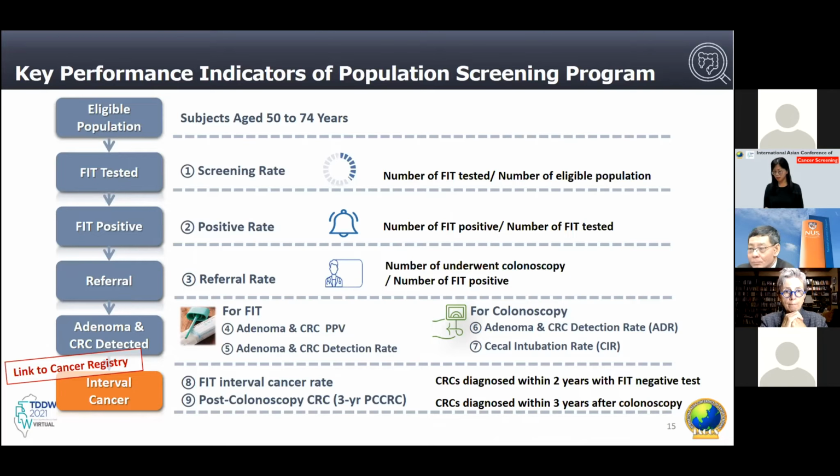And the colonoscopy quality indicators are assessed by adenoma detection rate and the cecal intubation rate. Furthermore, the screen database was linked to the Taiwan Cancer Registry, so later we can find subjects with interval cancer after FIT or colonoscopy negative.